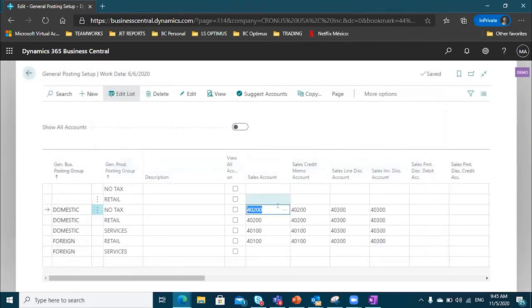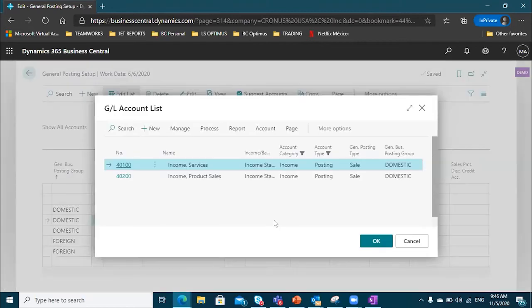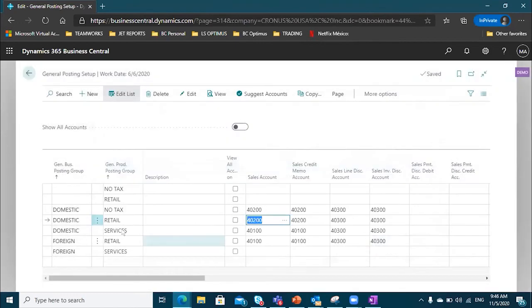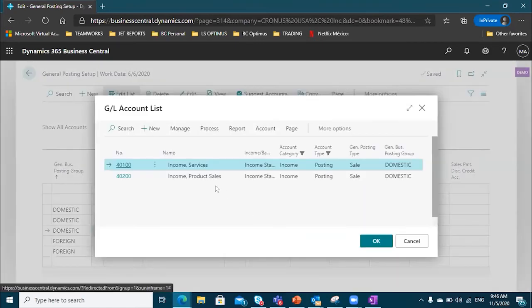Then since I use that for services and the resale, I would say, okay, for domestic sales or purchases, in this case sales, I would select the account for 14,200, okay? And let's say that for the services, I would then use the account for income services, okay?